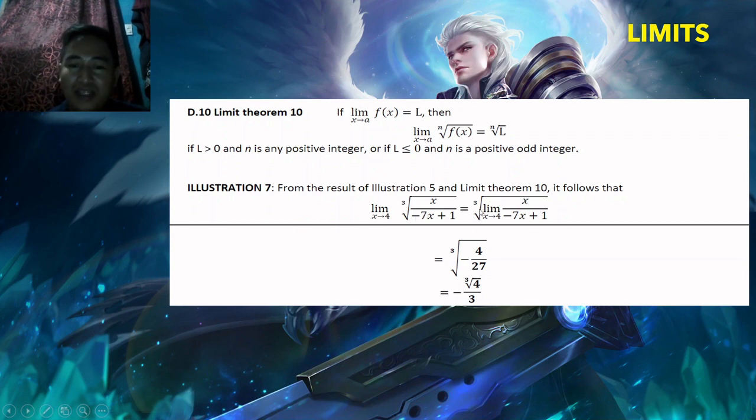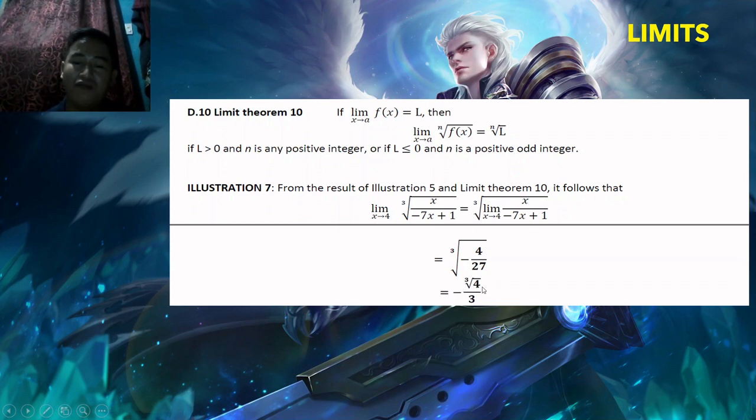Okay. Is equal to, if we take the cube root, the cube root of 4 over negative 27. You can take the cube root on top, and the cube root on the bottom. The negative can come out. The cube root of 27 is 3, so the denominator is 3. But the cube root of 4 is not a perfect cube, so the cube root of 4 just remains.